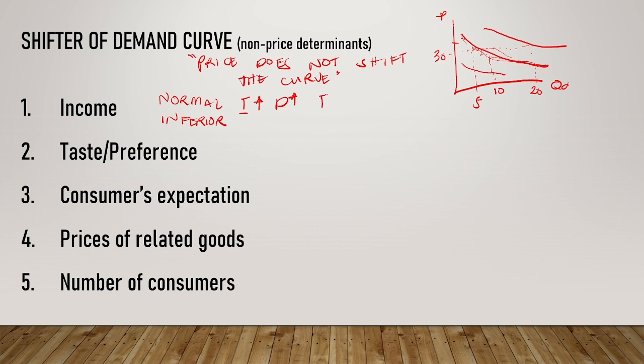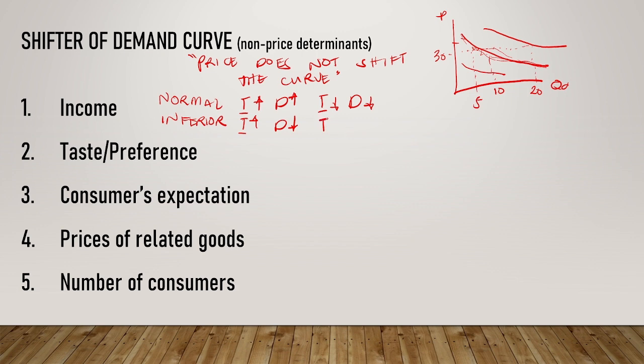But if your income decreases, your demand for that product will also decrease because you can't afford it anymore, and you will look for a cheaper alternative. Say the cheaper alternative is tinapa. If your income increases, your demand for tinapa will decrease because you can afford to buy spam.